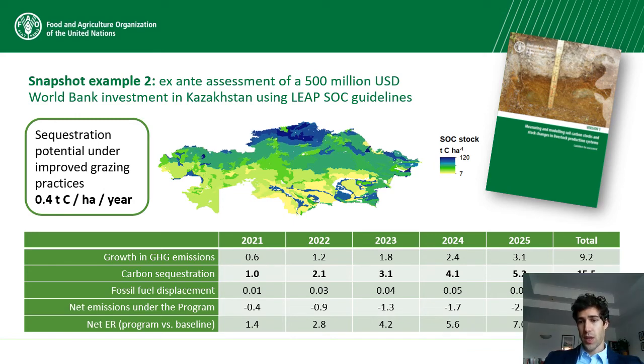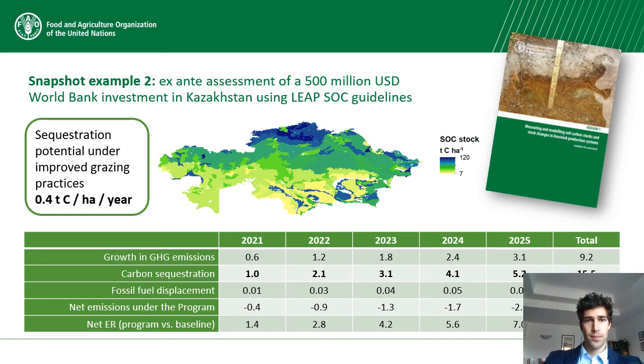But actually the potential for carbon sequestration is very large, 15.5%. So it would be able to offset this growth in emission. And interestingly, this potential is much, much larger than other mitigation pathways, such as the use of renewable energies, for example.